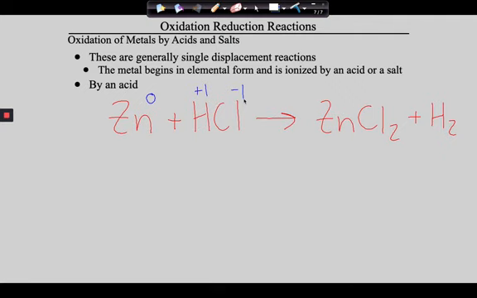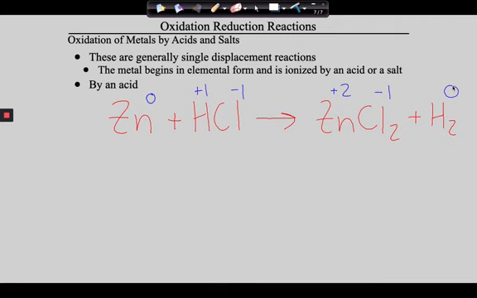Now let's take a look at zinc and chloride. Chloride is still -1. But why did we need 2 chlorides to hook up with the zinc? Because zinc is now +2. And then what is the oxidation number of hydrogen? 0, because that is its elemental form.